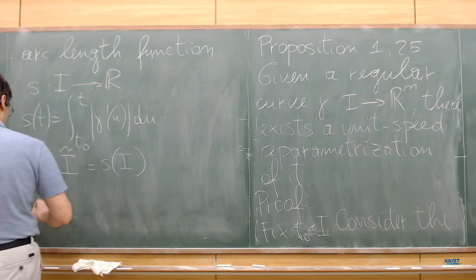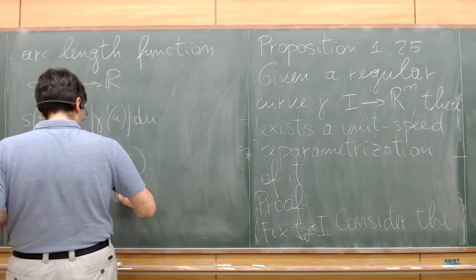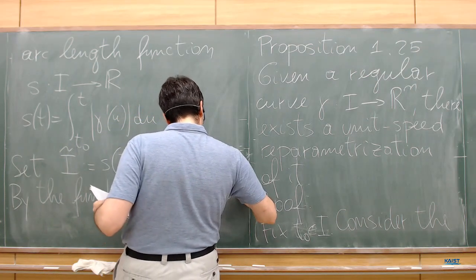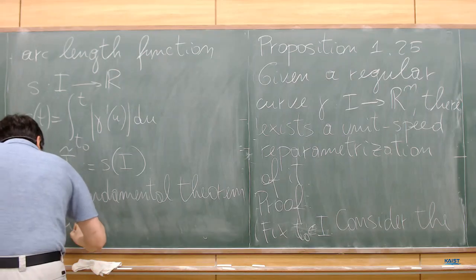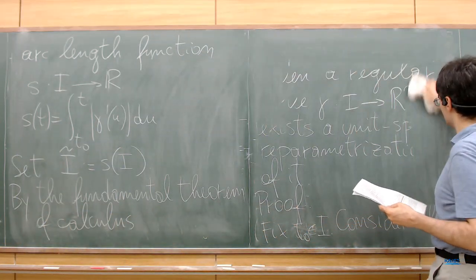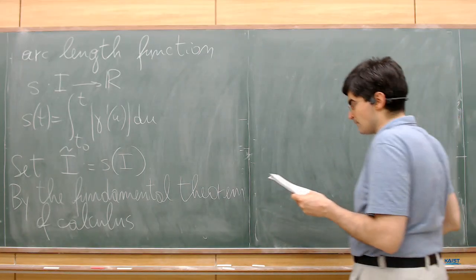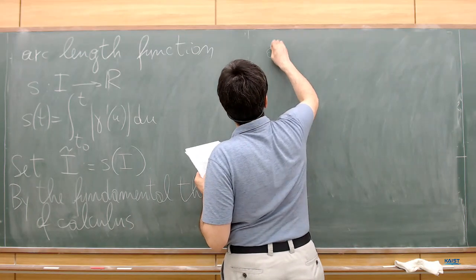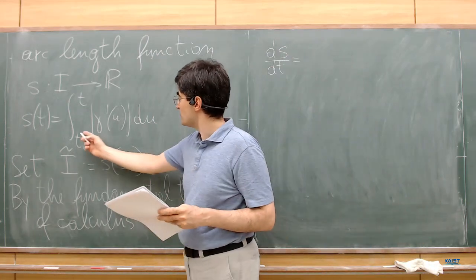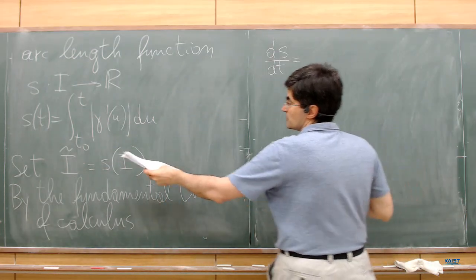By the fundamental theorem of calculus, we have that ds/dt is equal to the function here evaluated at the upper boundary point of the interval t0 to t.